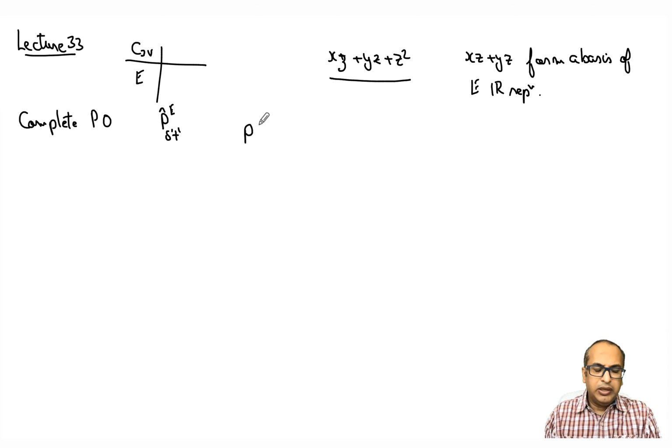So you have P_j, for any ith or jth irreducible representation.